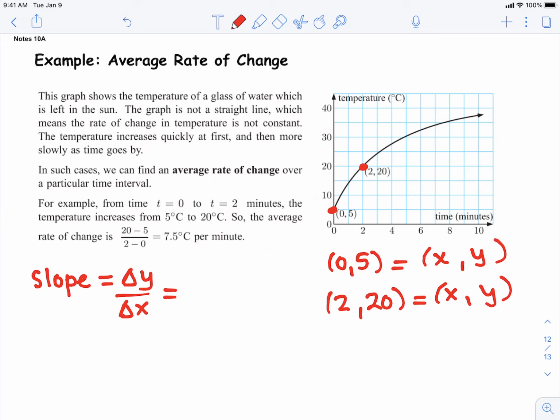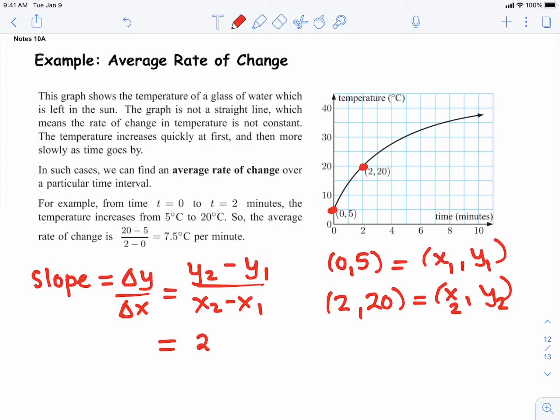So you might remember this from Algebra 1 and Algebra 2. So I'm going to let this be my x1 and y1, and that be my x2 and my y2. And I substitute into the formula.